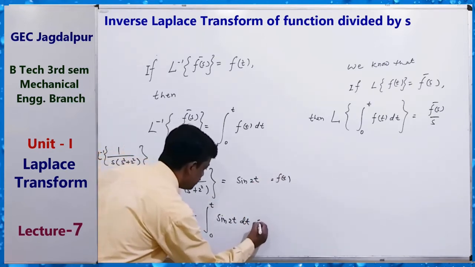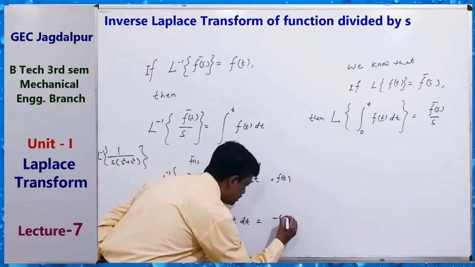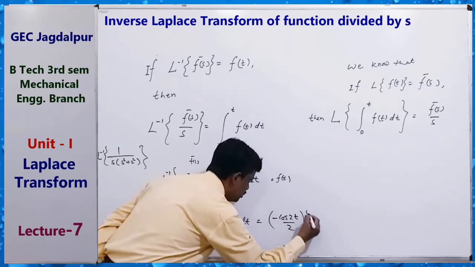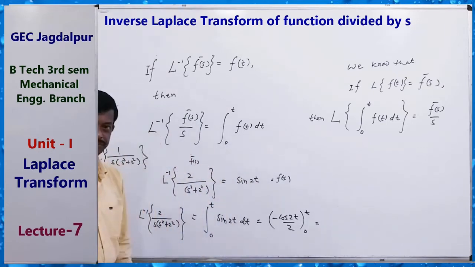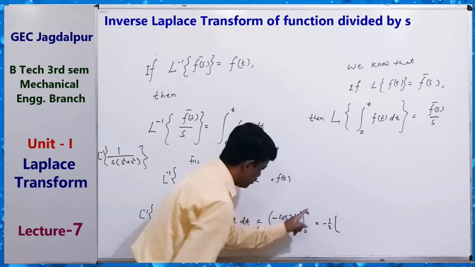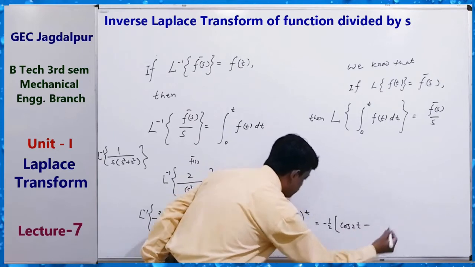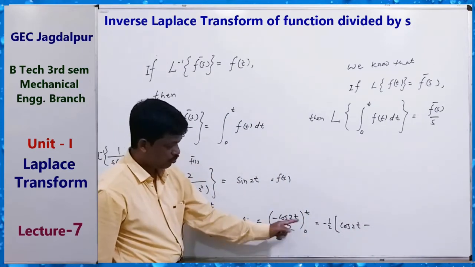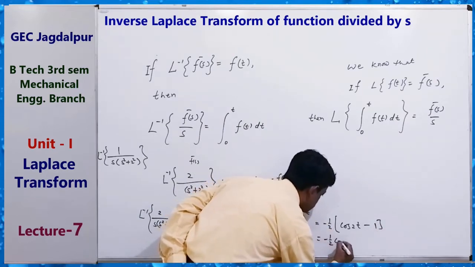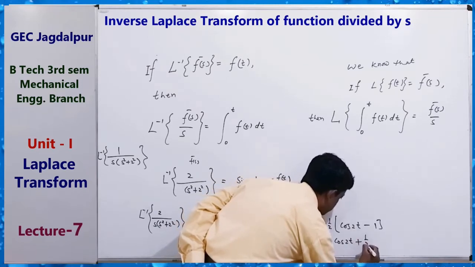Integration of sine 2t means minus cos 2t by 2, limit 0 to t, equals what? Minus 1 by 2 cos 2t minus cos 0, which is 1. So minus half cos 2t plus half.